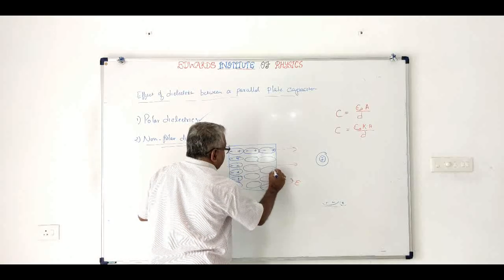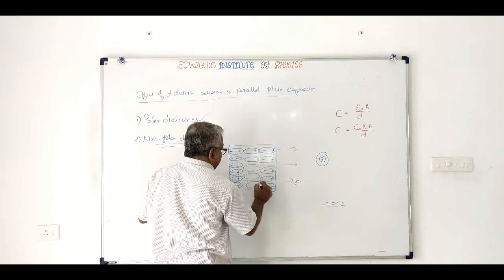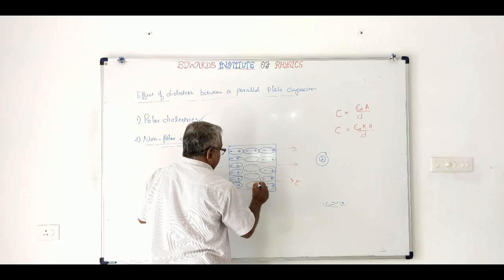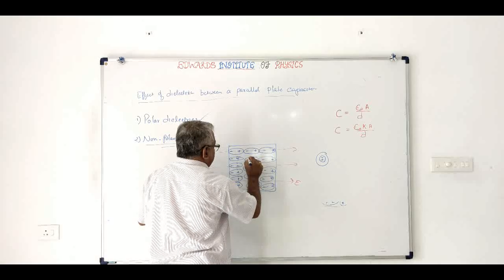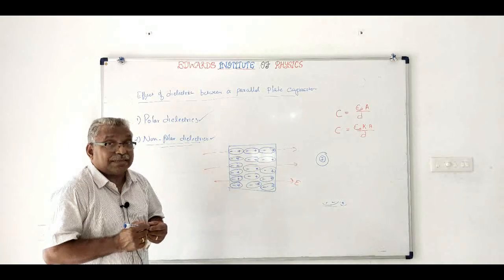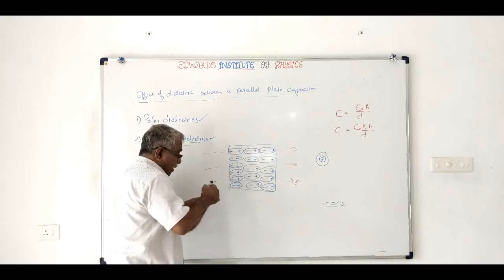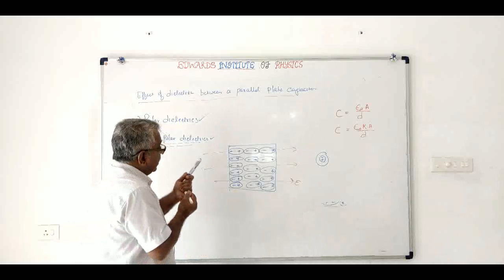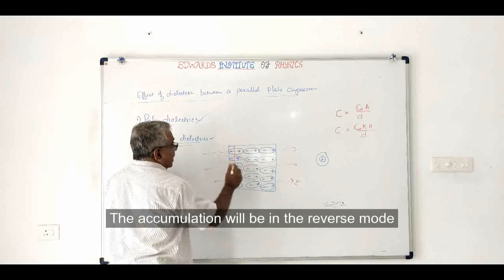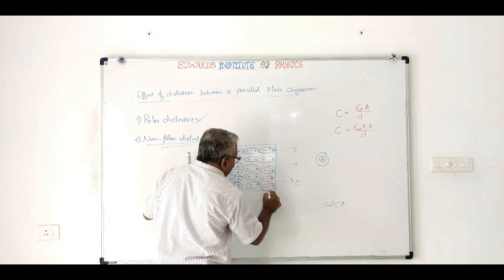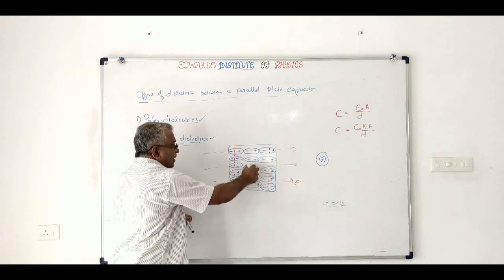So here it will be plus and here it will be minus. Now, due to this, imagine this side. There will be an accumulation of positive charge on this side and an accumulation of negative charge on this side. All the others will get cancelled.